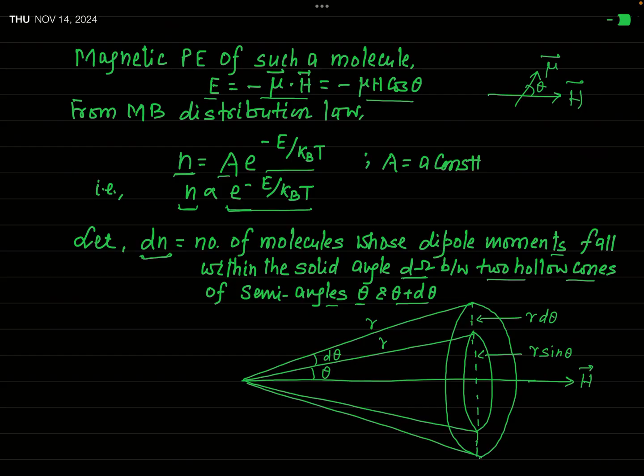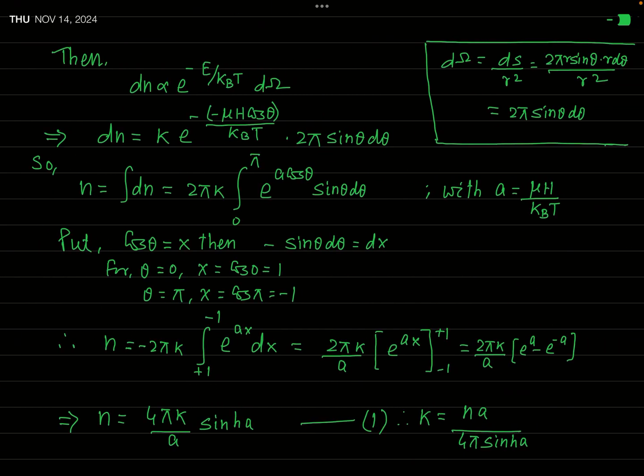The first factor is this Boltzmann factor, and the other is the solid angle. The larger the solid angle, the larger the probability of finding molecules in that region. So dn is proportional to e to the power minus E over Kb times T times d omega. When you remove this sign of proportionality, you have to put a constant, so K is the proportionality constant.